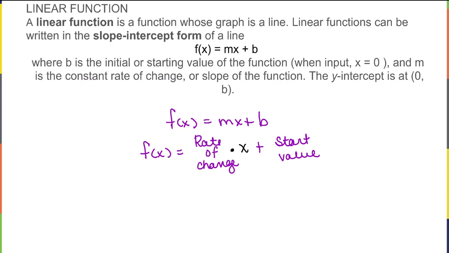So if we think of it in these terms, rate of change x plus start value, that is the same thing as y equals mx plus b. Sometimes that makes it easier to translate functions that are represented by words into functions that are represented by equations.